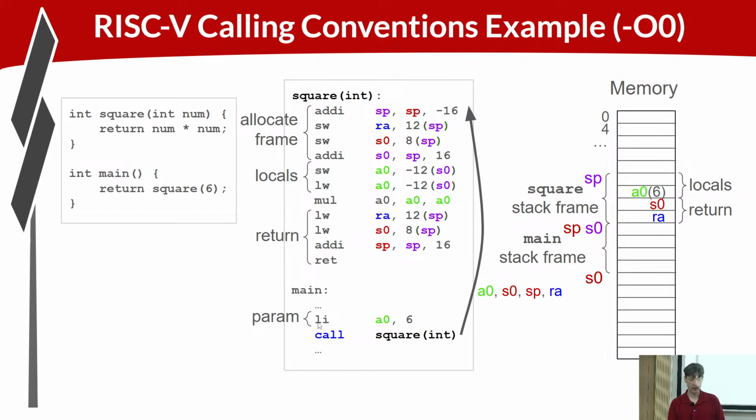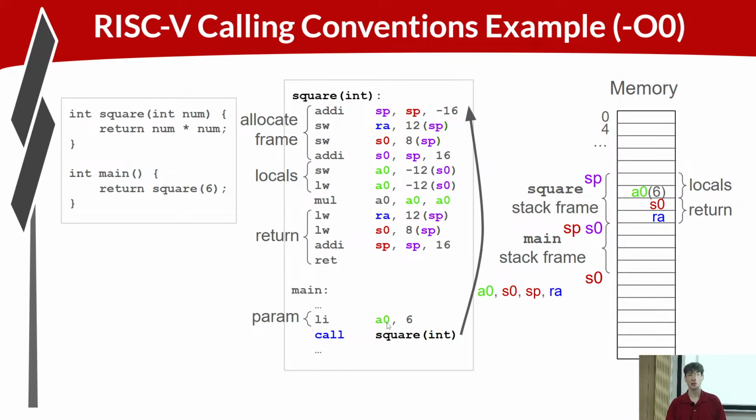So main generated this load immediate. It's loading a value of 6 into A0, right? That's the parameter. So A0 is used to pass the parameter from the caller to the callee. This is kind of a shortcut to pass it in a register, right?